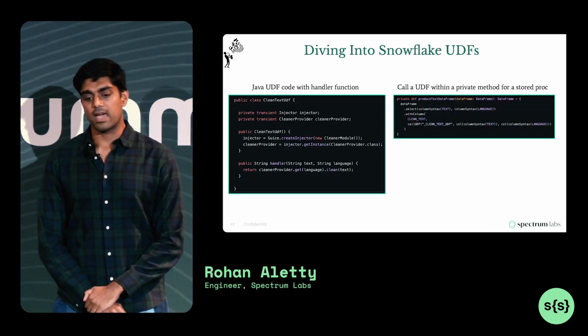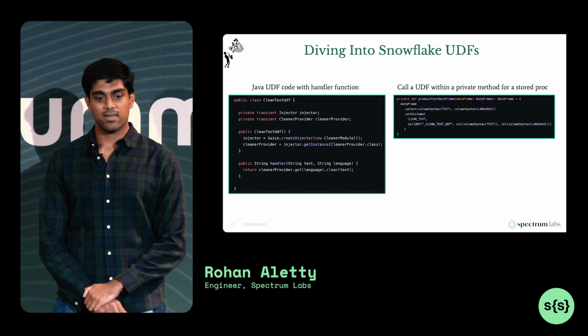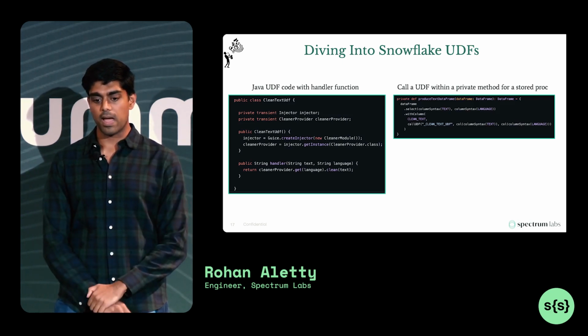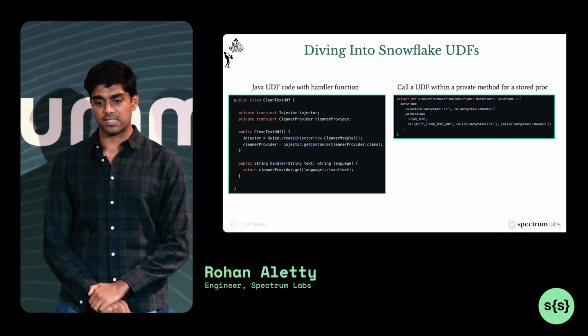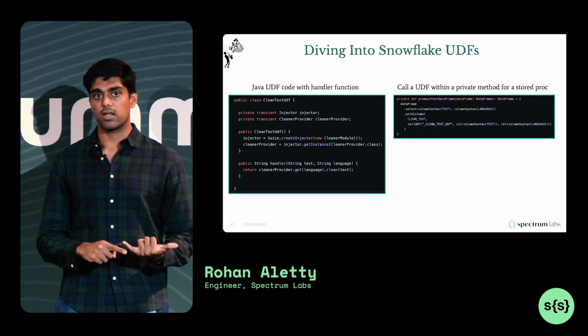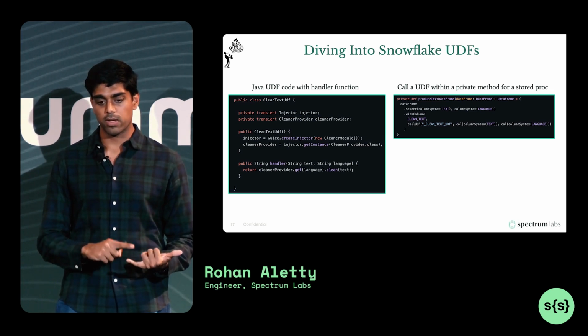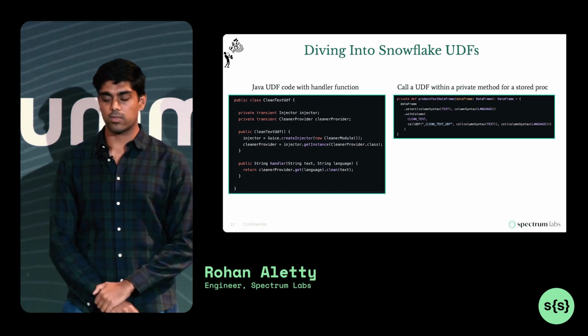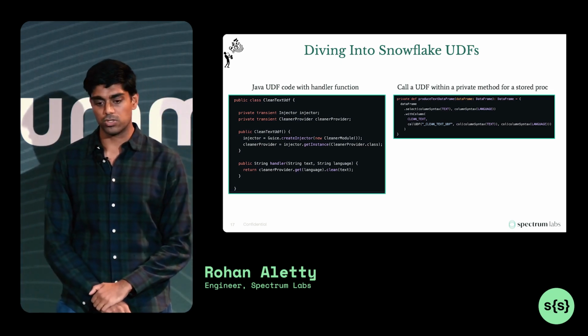So this is what that cleaner UDF looks like. On the left, we can see the definition for how that UDF is defined. We're importing the cleaner module, which is a third-party library, to actually do that cleaning through a dependency injection framework called Juice.